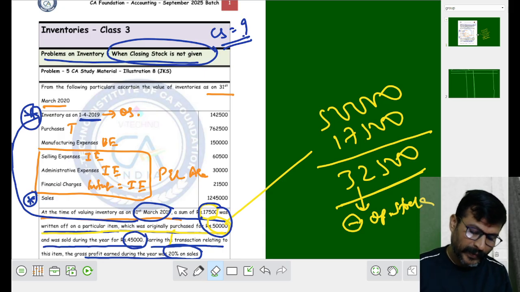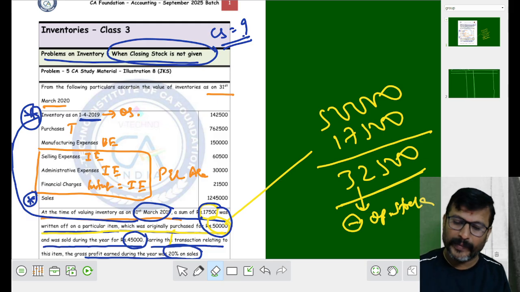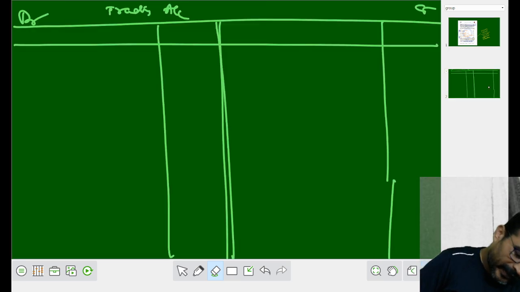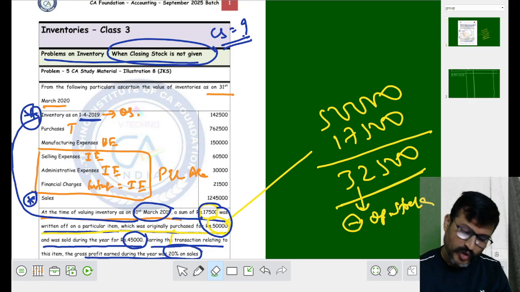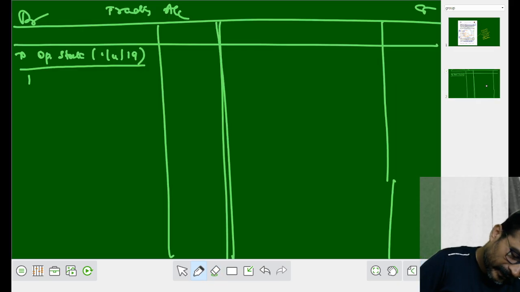Inventory on April 2019 is given. Inventory on April 2019 means it is the opening stock. So let me write: to opening stock, 1st April 19. How much opening stock? 1,42,500.